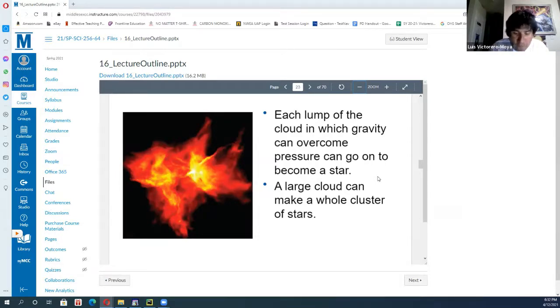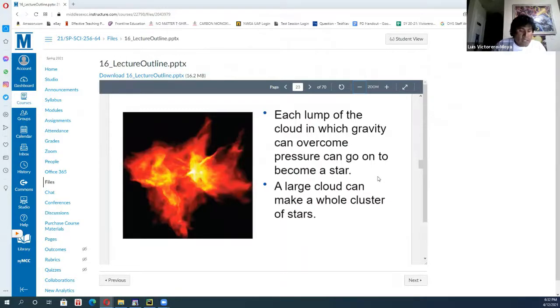Now, between the process of fragmentation and when it stops, you can have several tens of thousands of years. Okay. So it takes a long time from the point it begins contracting to the point where the fragmentation seems to stop.